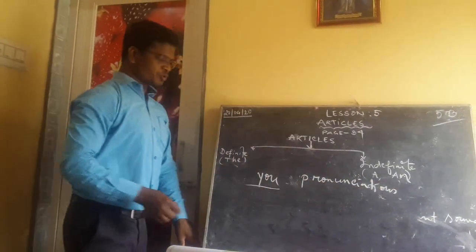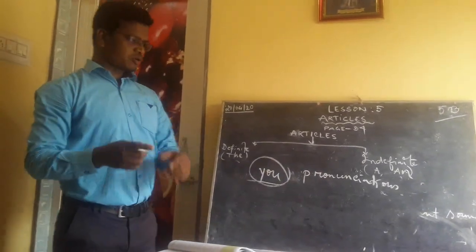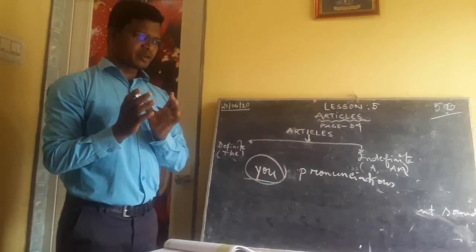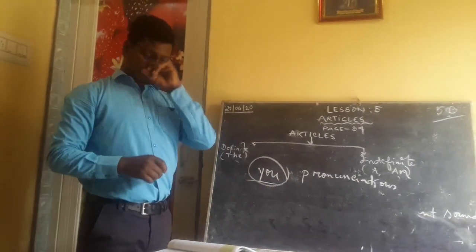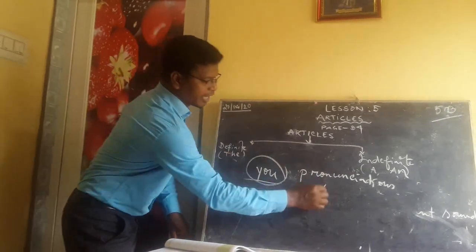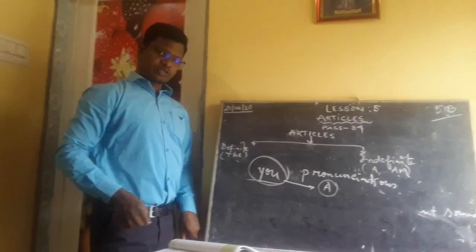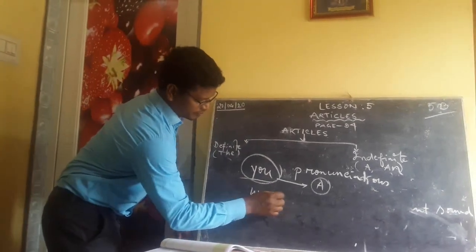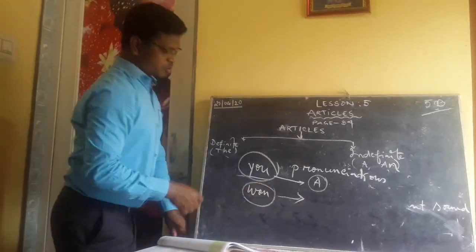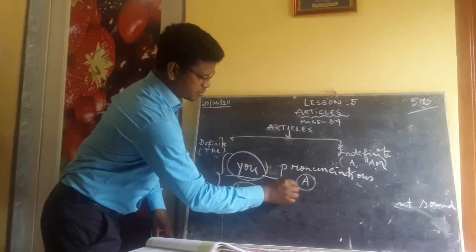So as I already told you, if any word sounds like "you", then you must definitely place a before it. One more sound, let me tell you: "wa", as in one.